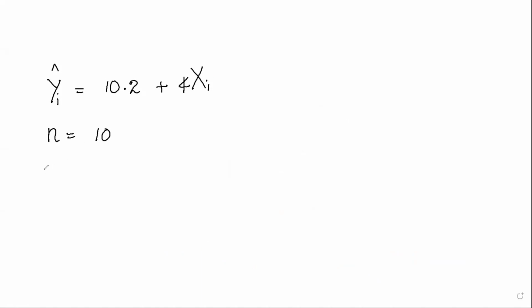I'll give you the value of MSE, you will need this, that is basically 2.2. What else do you need? SXX is needed, that is 10. We computed this. And X bar is needed, which is 1.